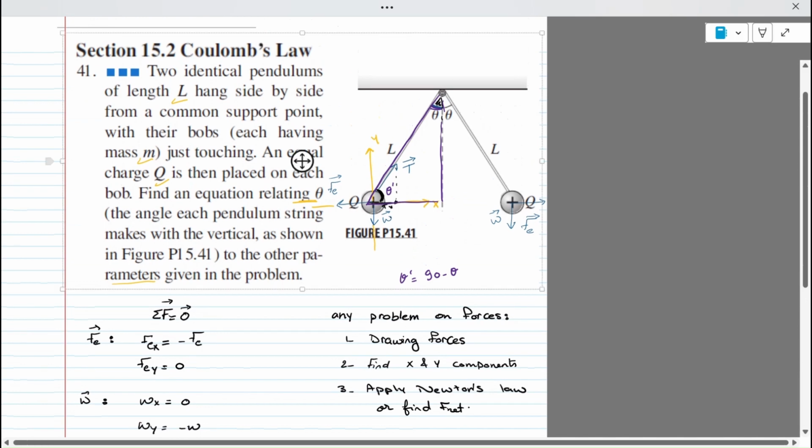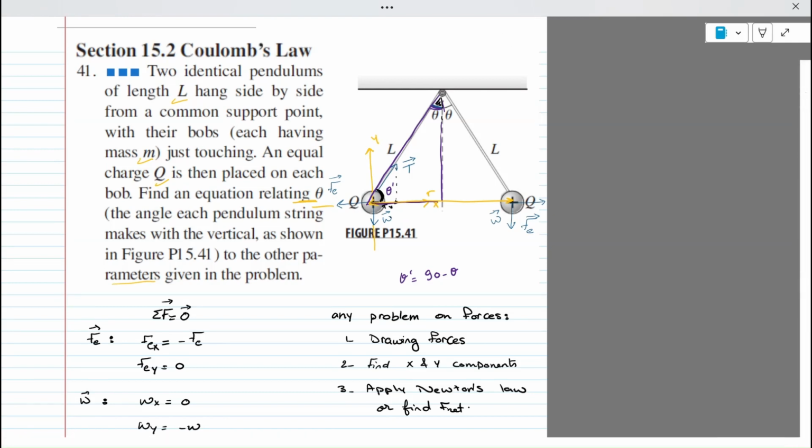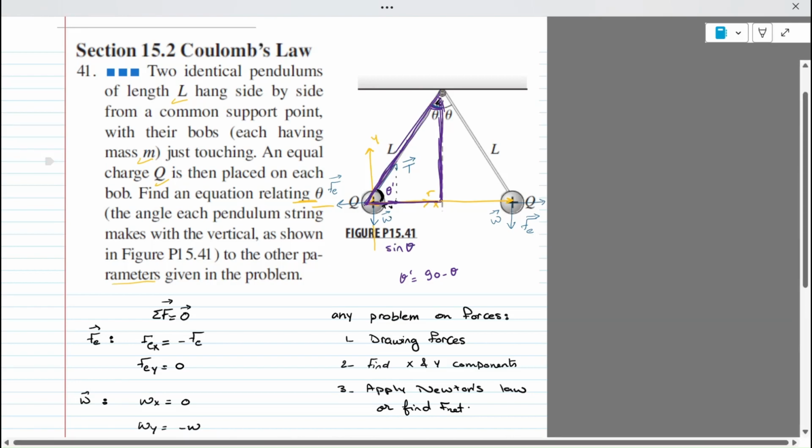However, we can directly link r, which is the separation between the two charges, to the length of the pendulum. If we address the same triangle as before, we can see that sine theta is equal to opposite over hypotenuse.